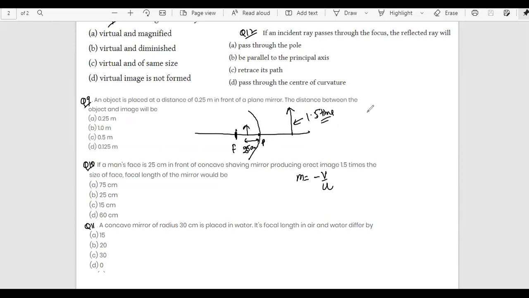So we can write m is equal to plus 1.5. Instead, if real image formation was taking place, then we would write m is equal to minus 1.5 for real, and this one is for virtual.